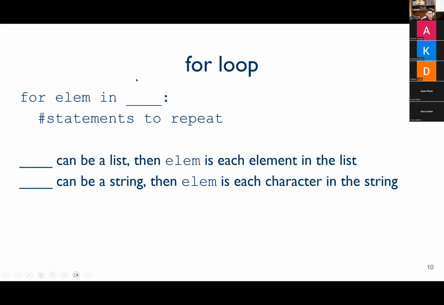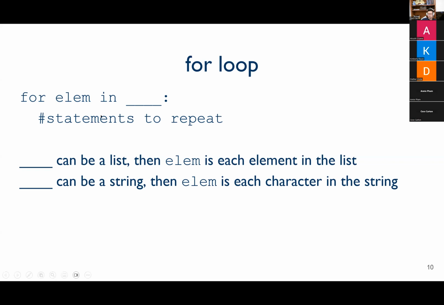This thing can also be a string. If that's the case, ELEM would be individual characters in the string. So for this element in this container, colon, and then you have the statements you want to repeat.